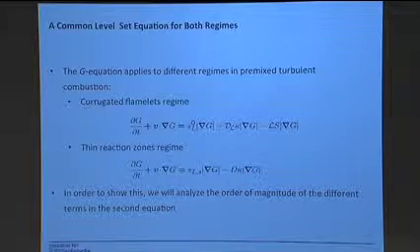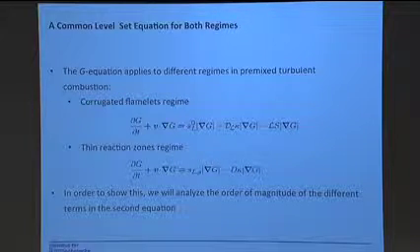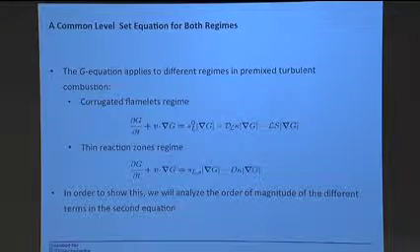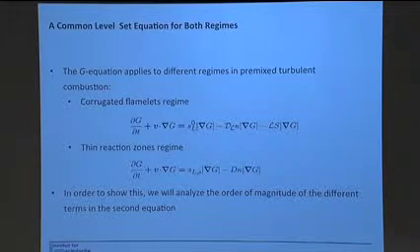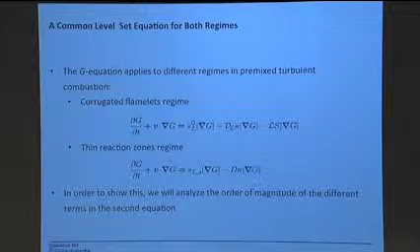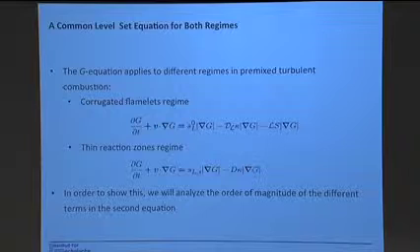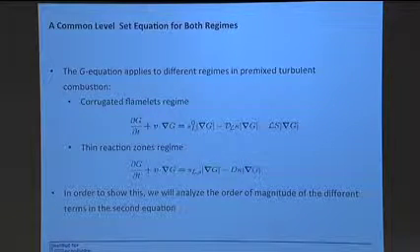And this term here, that's really important, and this term actually is small. Now in the thin reaction zones regime, this term is really important, and this term is small, which means I can use a combined equation, which would be this, to describe both regimes.